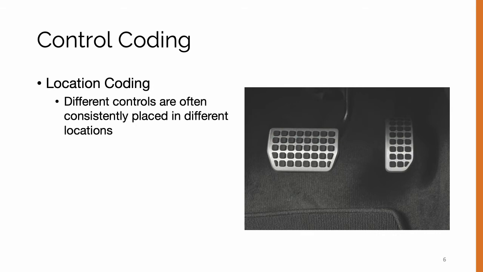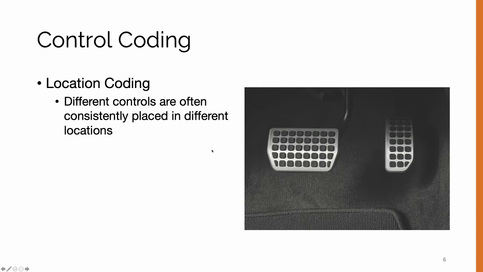The best example of location coding that I can think of is just looking at the controls of an automobile. So typically the gas or the acceleration is always on the right-hand side and the brake is always on the left-hand side. You can also see that they've coded that by shape as well. That is, it's kind of vertical and long on the right-hand side and horizontal and kind of wide on the left-hand side.